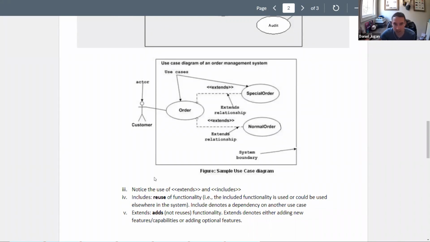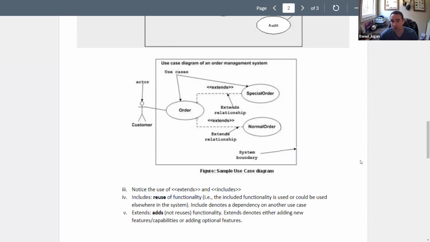You can see right here, notice the use of extends and includes. As it says here, what we are doing is extending the relationship between the actor and the use case. It further defines the way in which an actor interacts with the use case. Let's take a look at what those two are. So includes is a reuse of functionality.